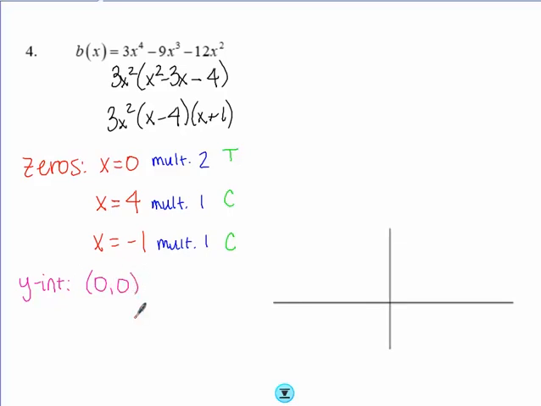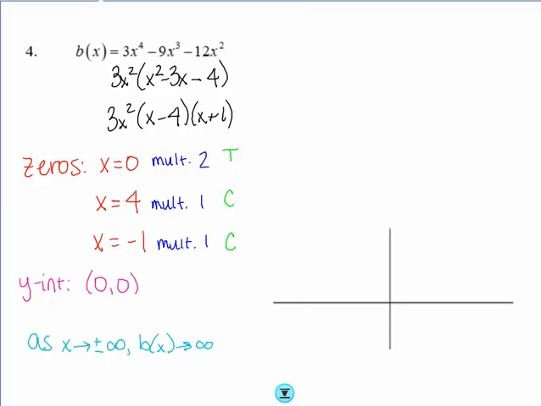By looking at the original equation, I can see that my leading coefficient is positive and my degree is even, which means that my end behavior will be as x approaches both positive and negative infinity, b of x approaches positive infinity. And this is a shortcut way of writing the end behavior since both ends are going up.